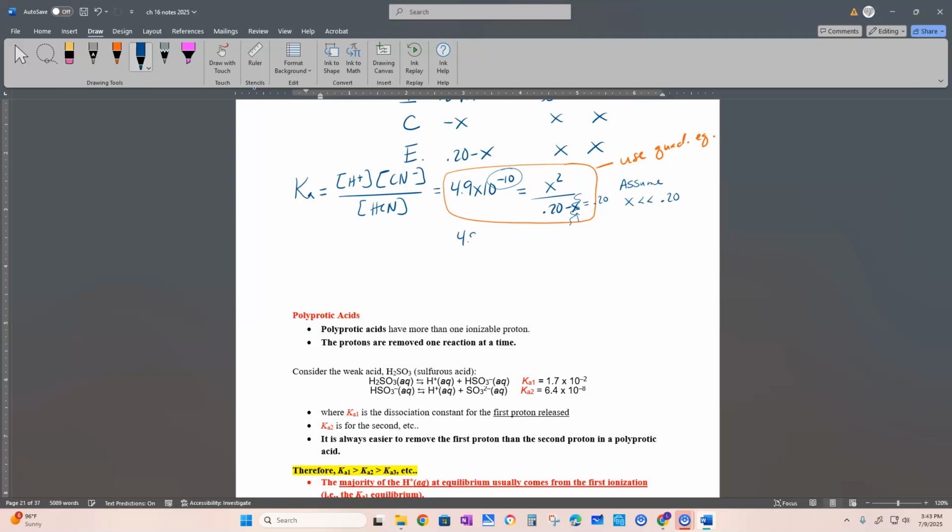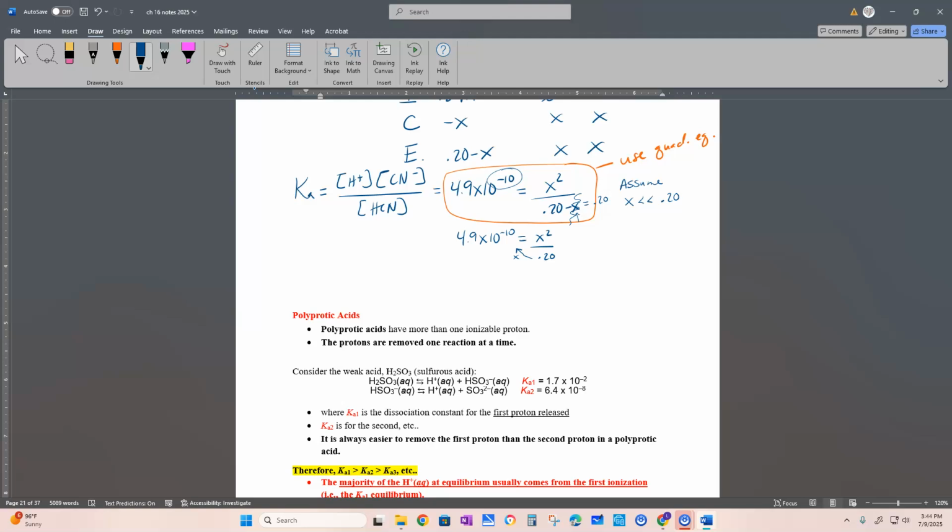So then I have 4.9 times 10 to the -10 equals x squared over 0.2. I just avoided using the quadratic equation. So now here comes basic algebra math. We're going to bring this guy up, and we're going to multiply, and then we're going to take the square root. So I'm going to show you step by step. Eventually, you won't have to show me all these steps. 4.9 E button -10 times 0.2.